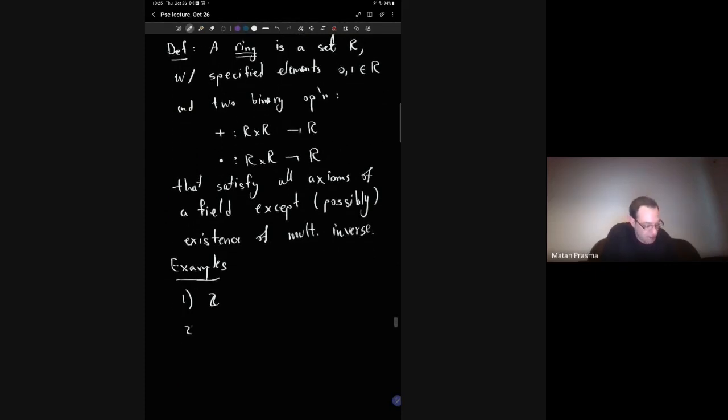In fact, if you take the integers modulo n with addition modulo n and multiplication modulo n, then this is also a ring, right? You have an additive inverse for every element, but you don't necessarily have a multiplicative inverse.